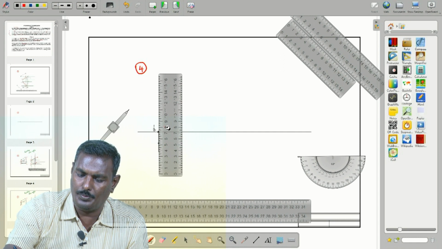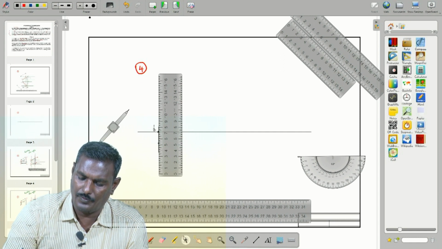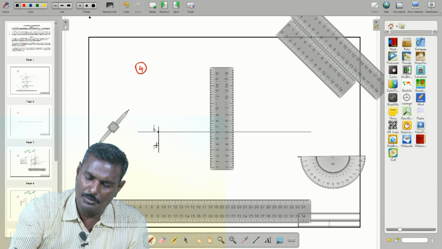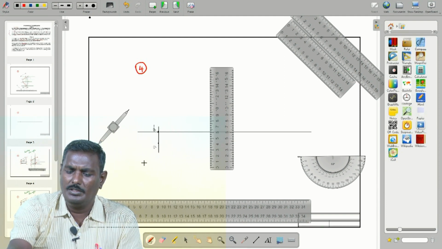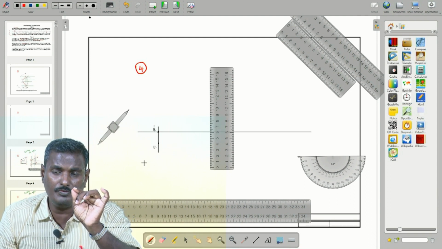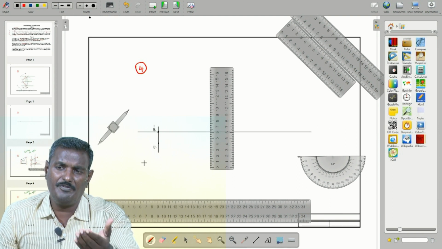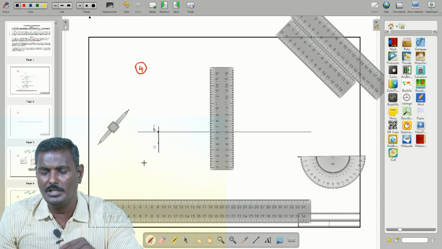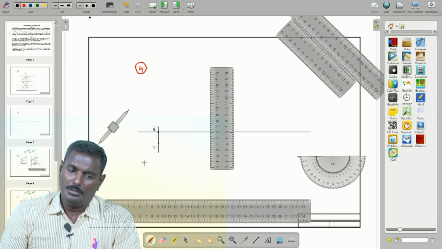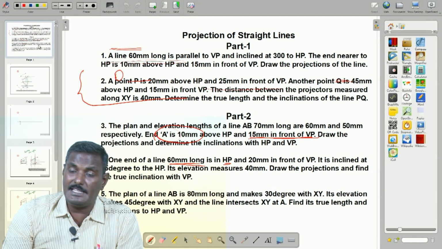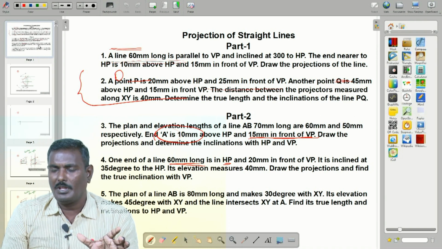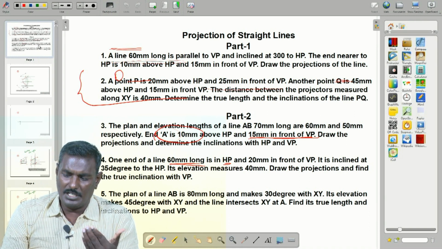Because with respect to VP, that is the plan, in front of VP means below XY. So mark 20 mm and represent it as small a. The line is 60 mm long, that is true, and is in HP. The 20 mm in front of VP is also marked.